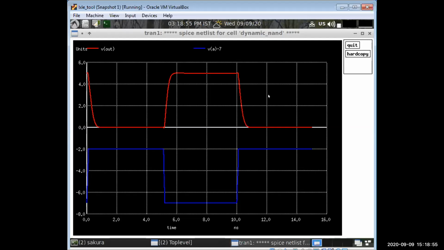So what happens is, in this worst case, as we are taking the inverter as reference, the TPLH for the NAND will be the same as the TPLH for the inverter, because the PMOSes are connected in parallel. But for the NMOSes, as the sizes are the same, we are getting 2 RN, because we are not doubling the width.